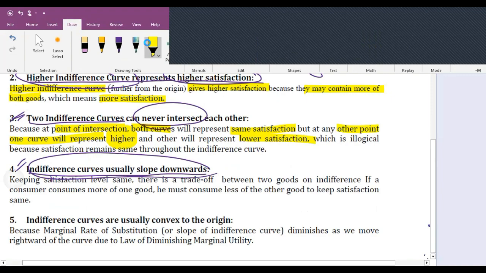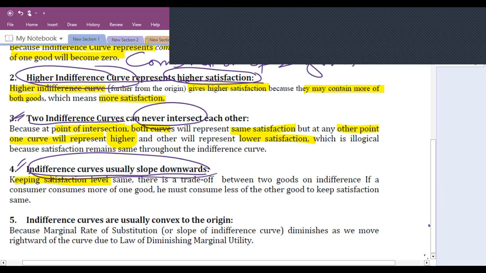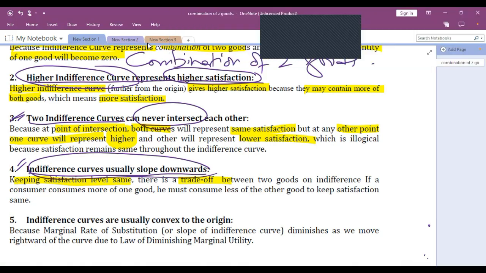Keeping the satisfaction level the same, there is a trade-off. It means you are foregoing one unit for the other between two points on the indifference curve.